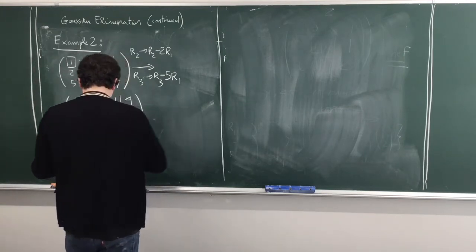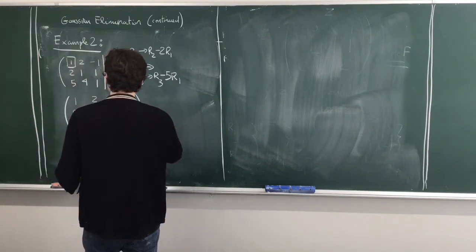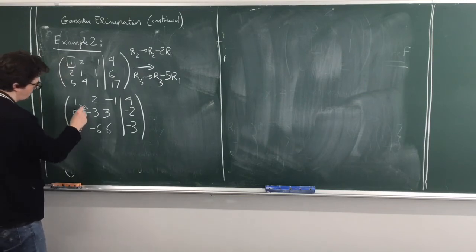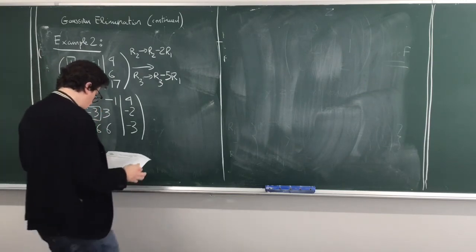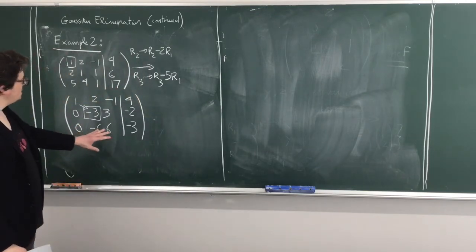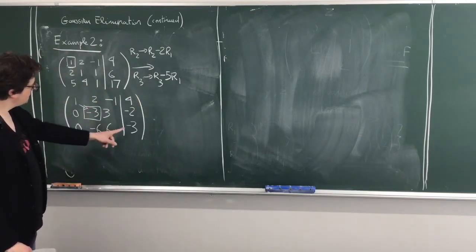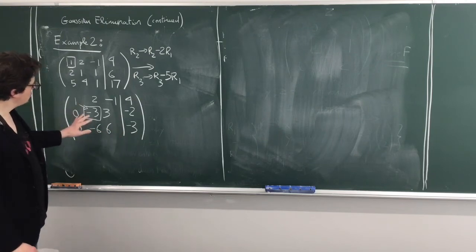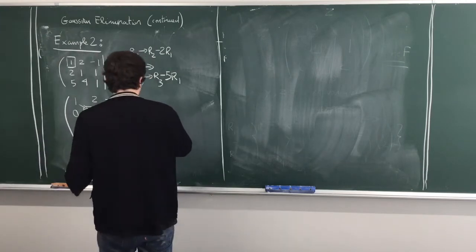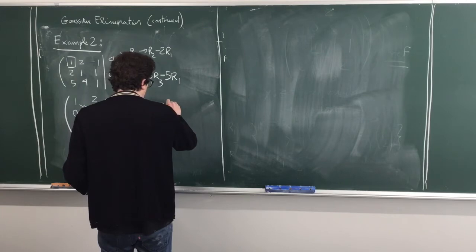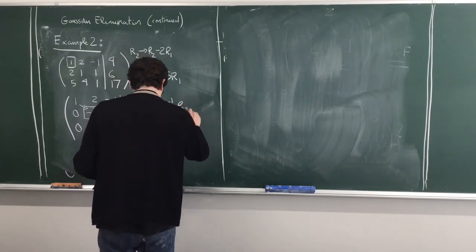Now I move the cursor down and to the right. So I'm here, and I'm going to transform this into a pivot. Well, if I divide by 6, I will have a fraction here anyway. So here I'm just going to divide the second row by 3. So we modify row 2, and we will do minus 1/3 of row 2.